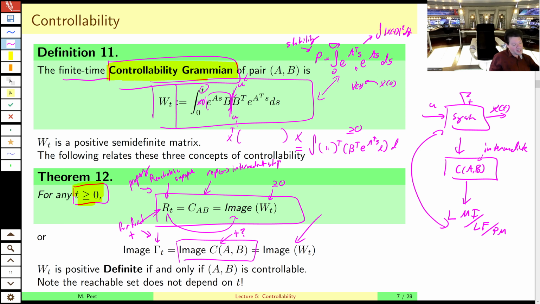Because what this says, basically, is several things. Importantly, it says that if this Grammian is positive definite, the positive definite property of a matrix, greater than 0, that implies that the image of the matrix is Rn.